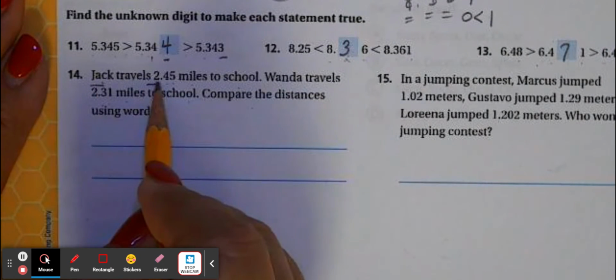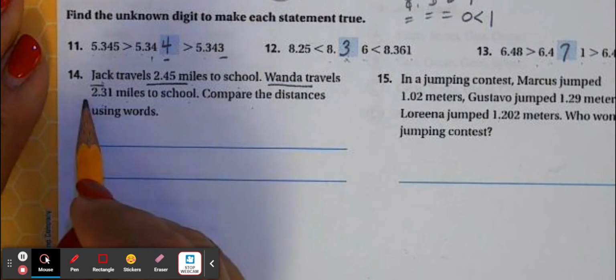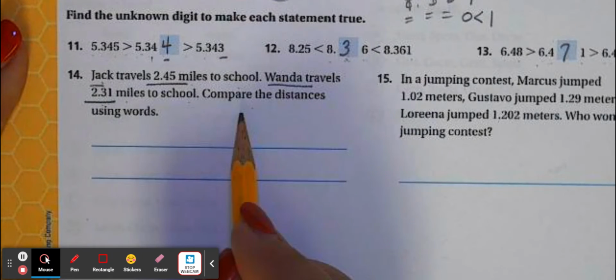Jack travels 2 and 4,500 miles to school, and Wanda travels 2 and 3,100 miles to school.